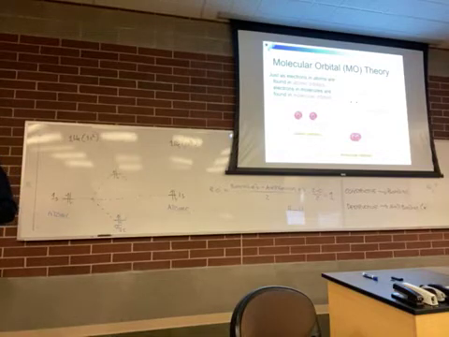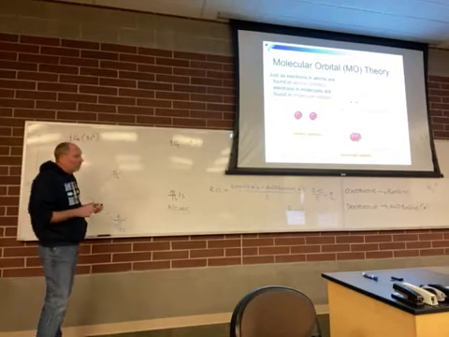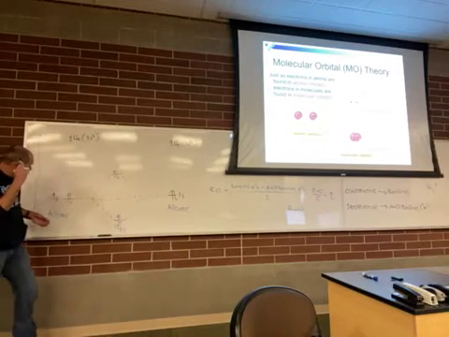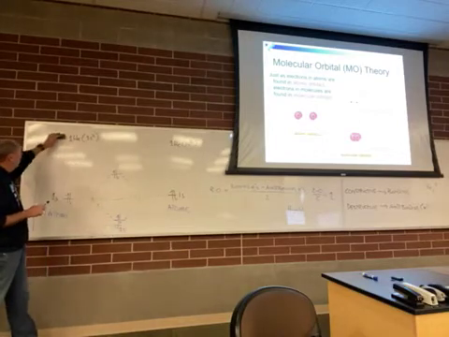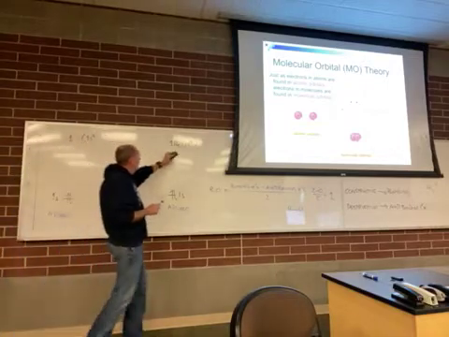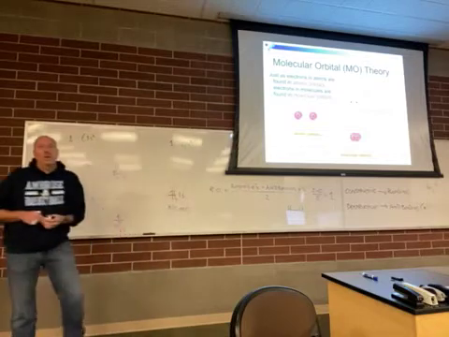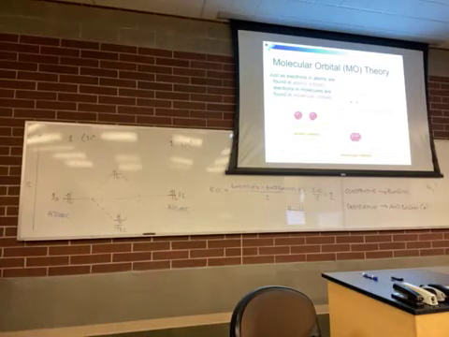Okay? Questions on that? Because we're going to keep going. Guess where we're going next? Lithium, because it's number 3. So when we get to lithium, notice what happens with lithium. Lithium is like helium, but it has an electron in where? The 2s orbital.